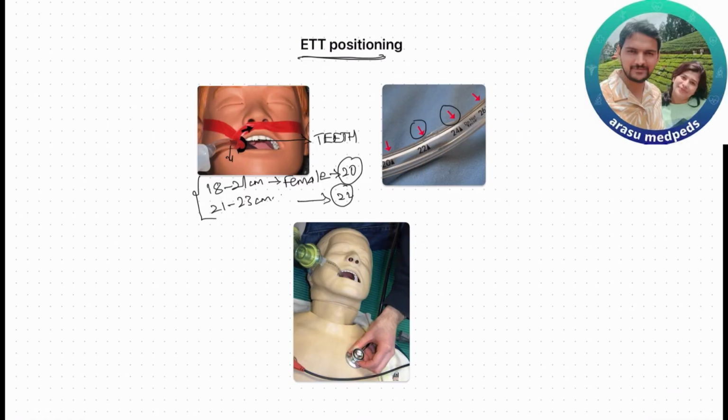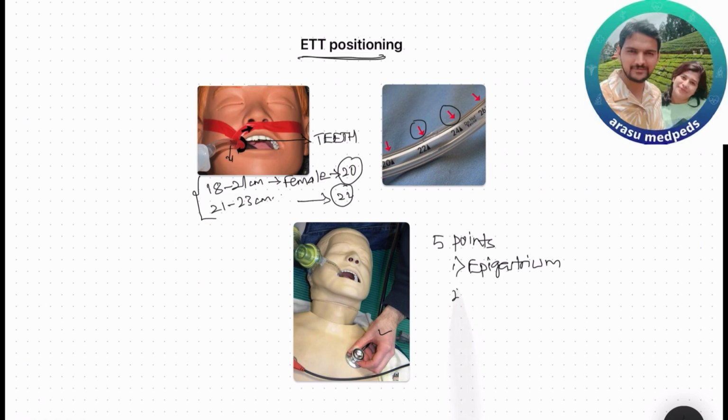Then we have to carefully auscultate the chest to avoid the complications of right mainstem intubation. So always we have to practice the 5 points auscultation technique. That is, first at the level of epigastrium, there should not be any sound, so that we will be sure that it is in the airways.